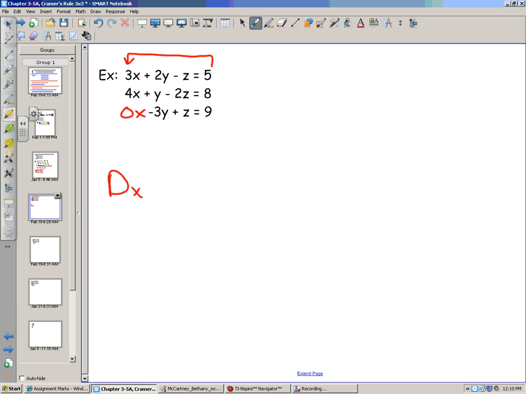Do I flip-flop columns? What's a column? Up and down, okay? So what's my determinant here? 5, 8, 9, 2, 1, negative 3, negative 1, negative 2, 1.